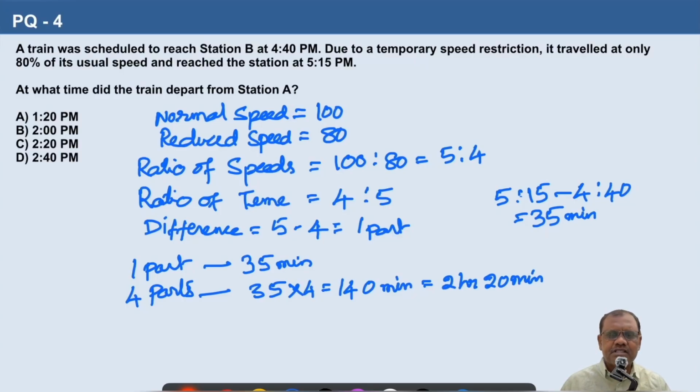So the train traveling at normal speed takes 2 hours 20 minutes.